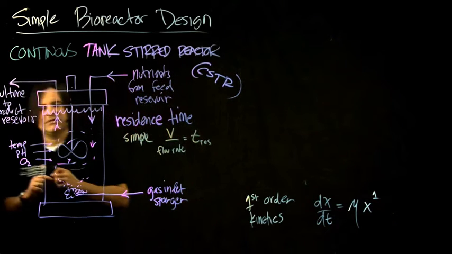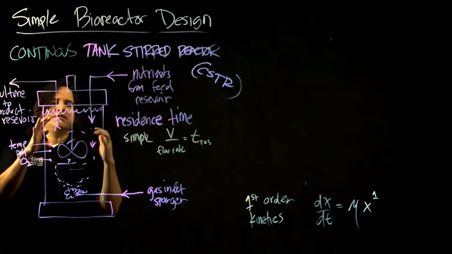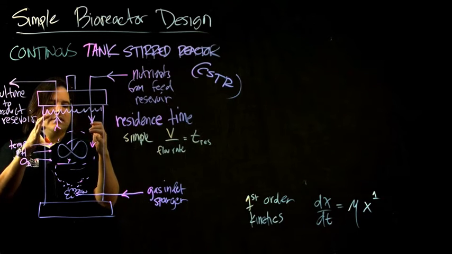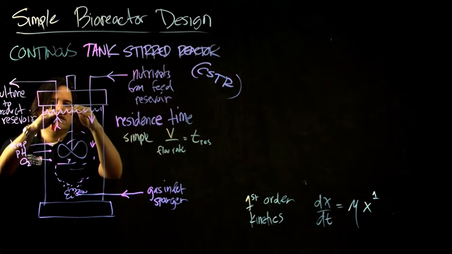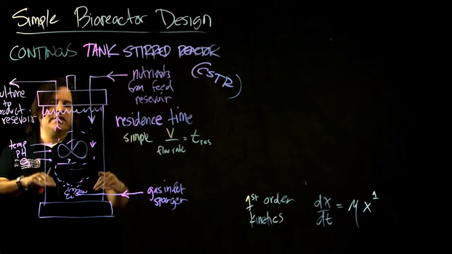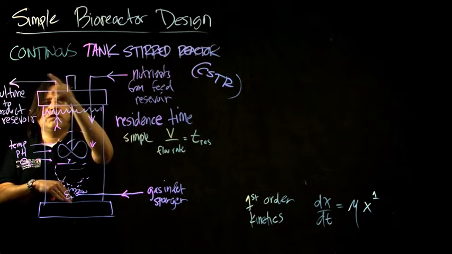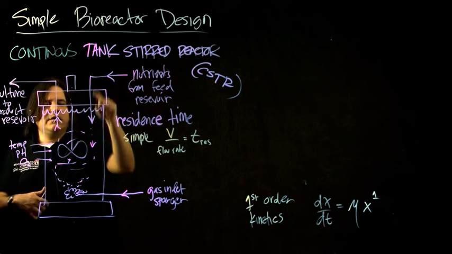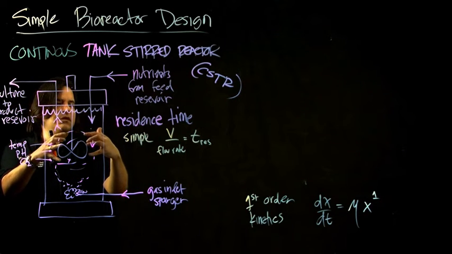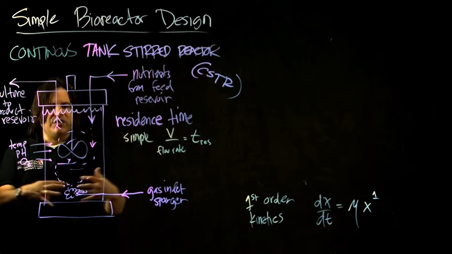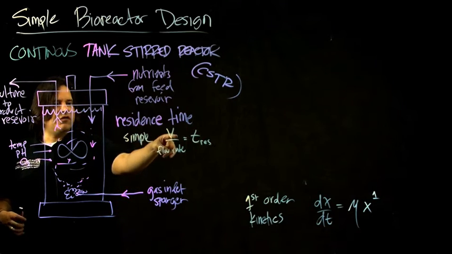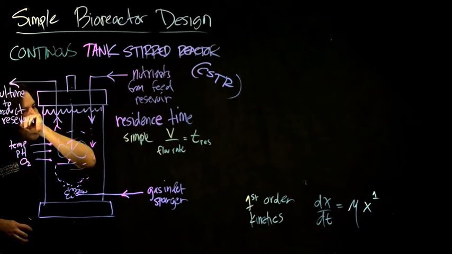So in this case, it's a little bit oversimplified, but it's a pretty good way to quantify this. If there's a certain volume of liquid and it comes in at a certain rate, comes out at a steady, same rate, and you know the volume, then the time spent within here is the ratio of the volume to the flow rate.